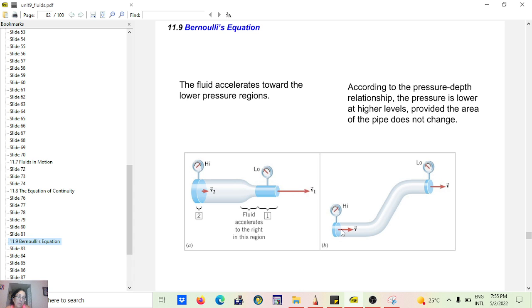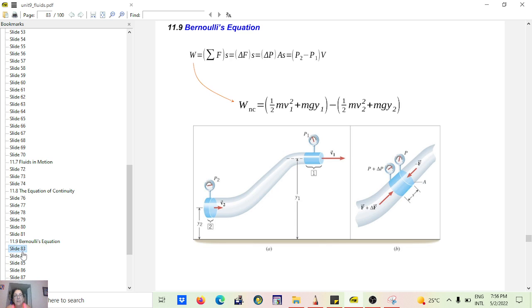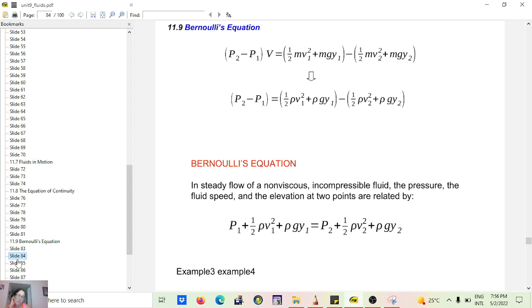And here the pressure is high and here the pressure is low, because you are gaining kinetic energy at the expense of the pressure. Right? And you can do the math, and that's going to be the Bernoulli equation. So those slides come from Johnson and Cutnell College Physics, right?